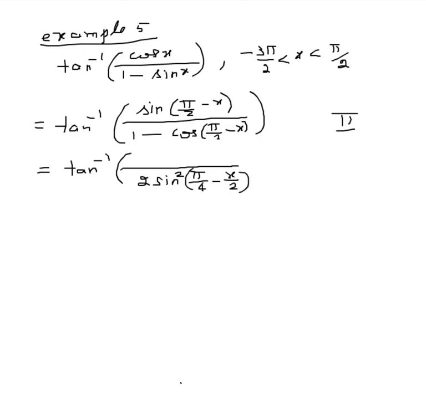In the numerator we will use the sin 2 theta formula, which is 2 sine cos, so sine of pi by 4 minus x by 2 and cos of pi by 4 minus x by 2.